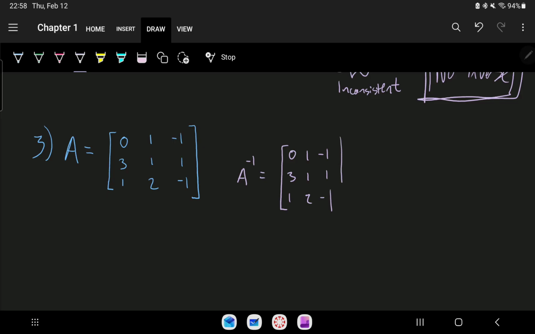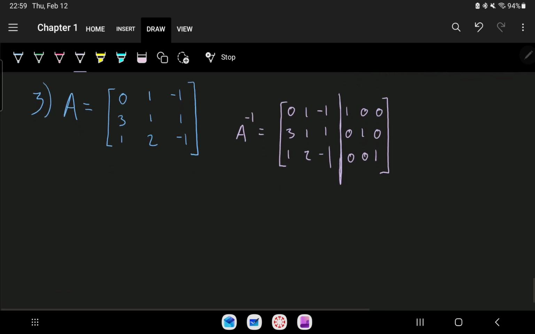And I'm going to draw this line, and I am going to write a 3 by 3 identity matrix. Now you might be wondering why this will even change. Well, when we do the row reduction, we need to carry it all the way through both sides of this.